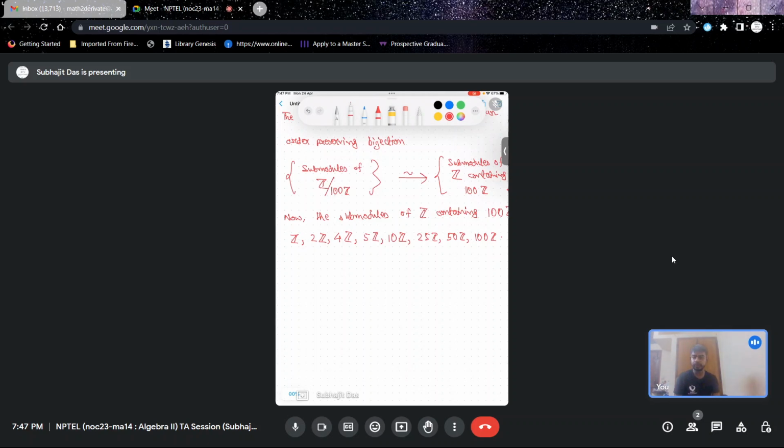We need to find out which of these submodules are indecomposable, right? The submodules of Z mod 100Z are, you just take the quotient by 100Z.